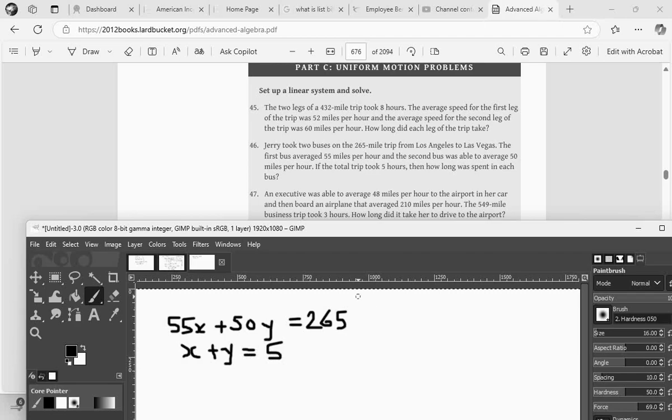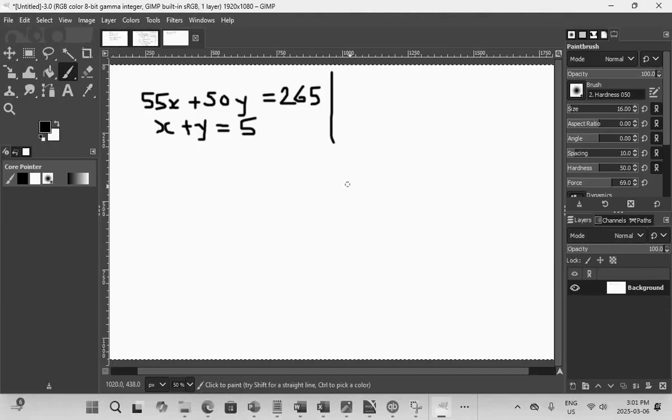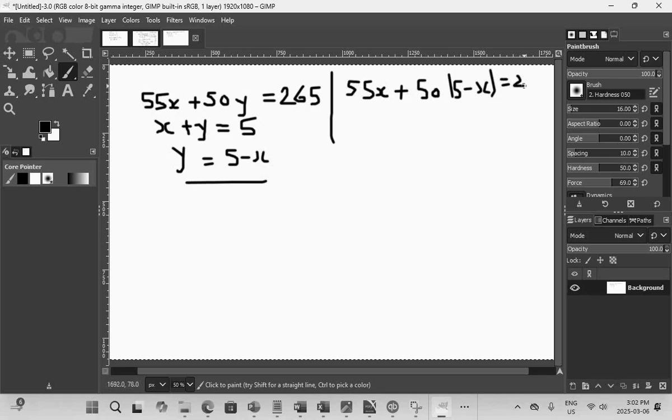Again, we can use substitution. This will be y equals 5 minus x. You sub in this value in the first equation, so 55x plus 50 into 5 minus x equals 265.